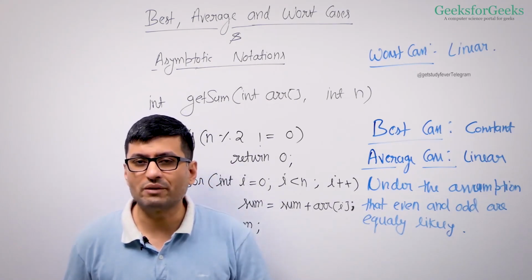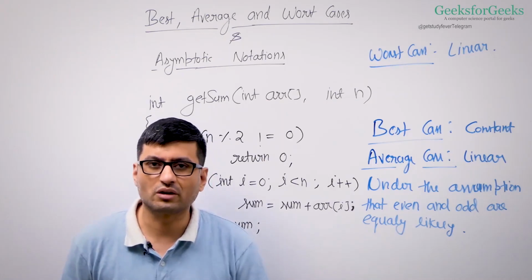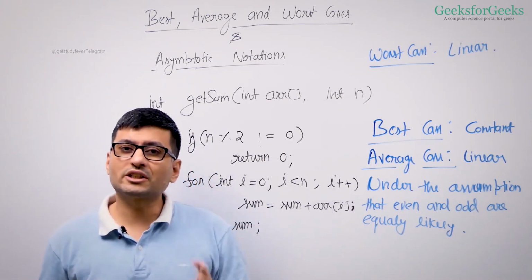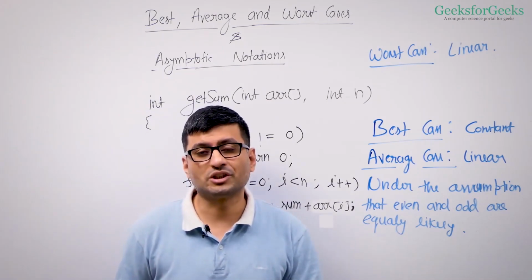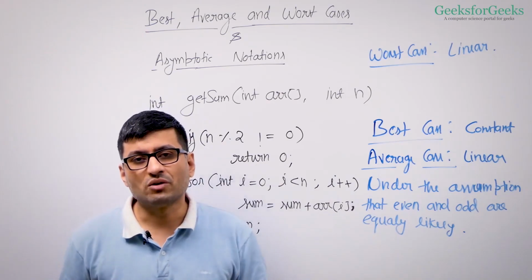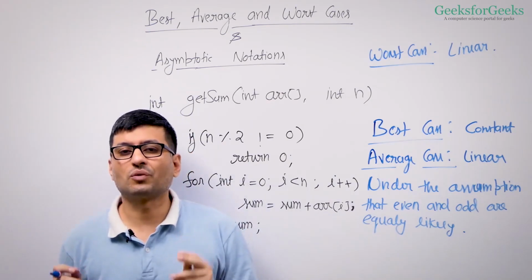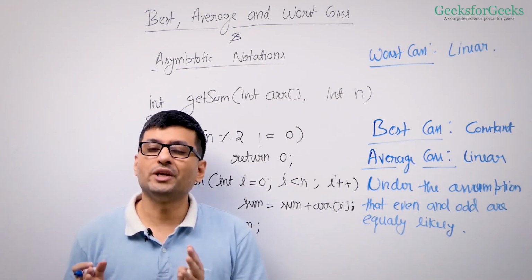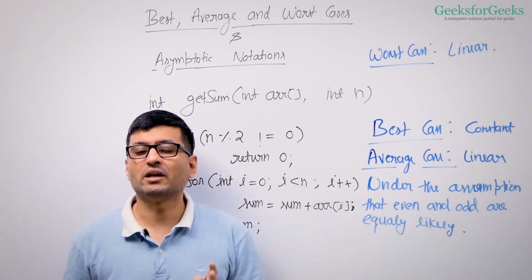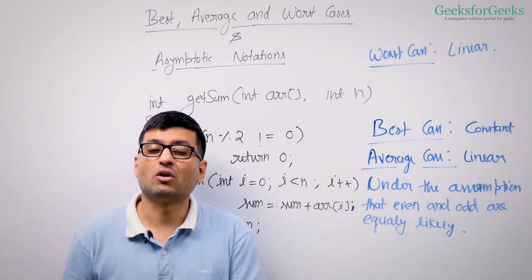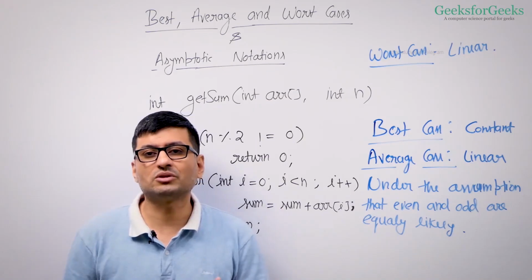Also, even if you have data, it's too much mathematical for computer people to figure out sum and do average. Worst case is something which we do most of the time. We try to find out what is the case for which our algorithm is going to take maximum time, and we find that time and say that order of growth in worst case for this algorithm is so and so.